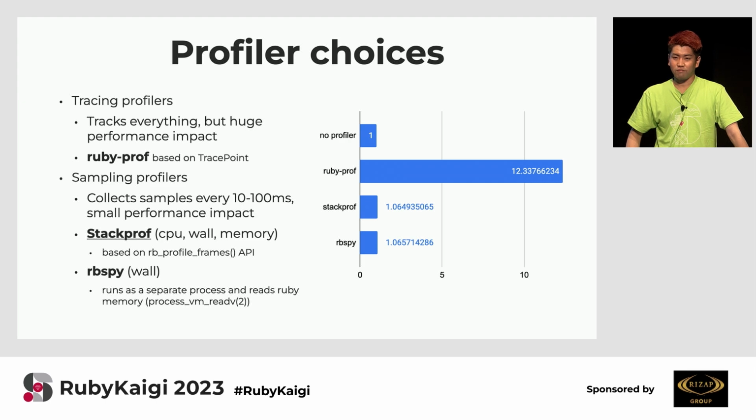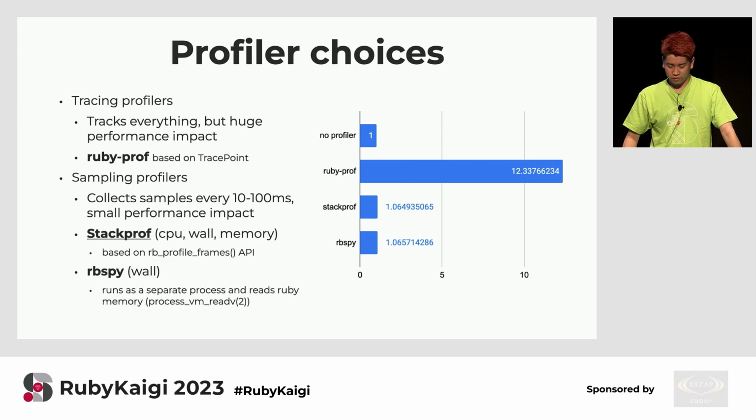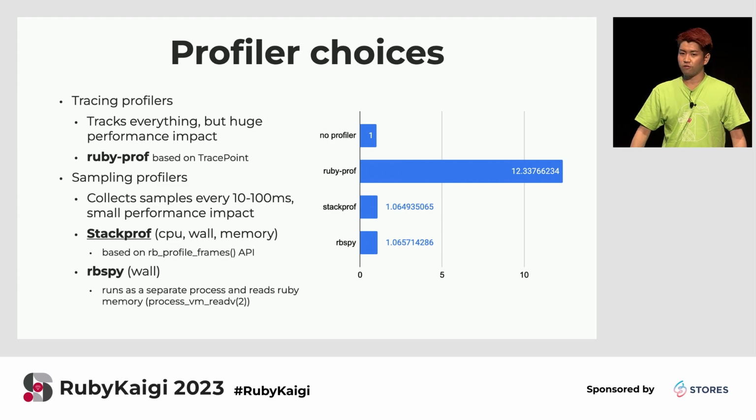On the other hand, we have sampling profilers. Sampling profilers collect samples every 10 to 100 milliseconds, and they have small performance impact. Options are StackProf and rbspy. StackProf is based on Ruby's rb_profile_frames API, and rbspy is kind of a new one. It runs as a separate process and reads Ruby's memory through Linux's process_vm_readv system call.